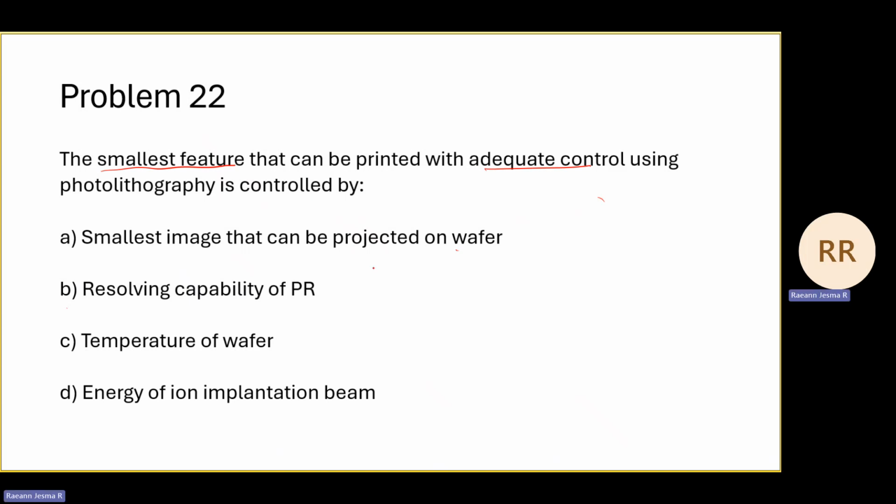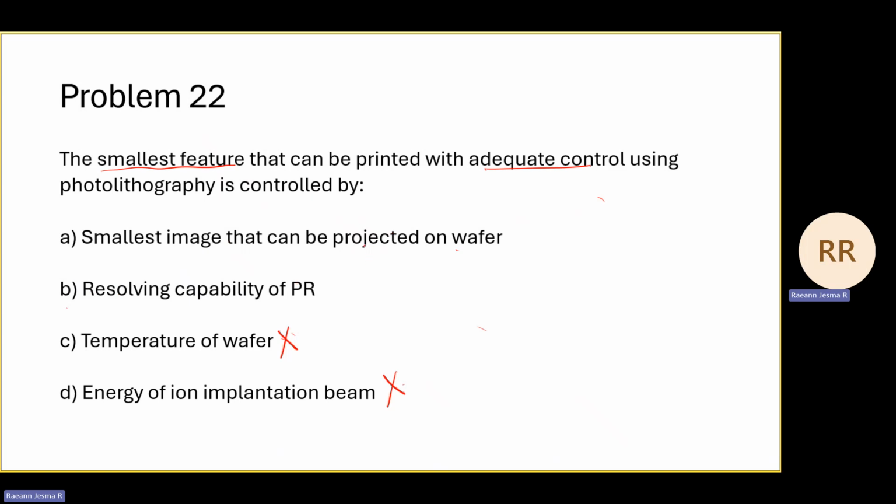Okay. So first, let us look at each of the options. The temperature of wafer does not play a role in photolithography. Okay, so this is wrong. And we are not using any ion implantation beam during the lithography process. So this is also wrong. So now we have two other options. One is the smallest image that can be projected on the wafer, and B is the resolving capability of PR.